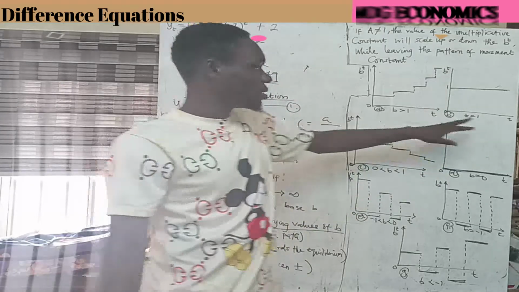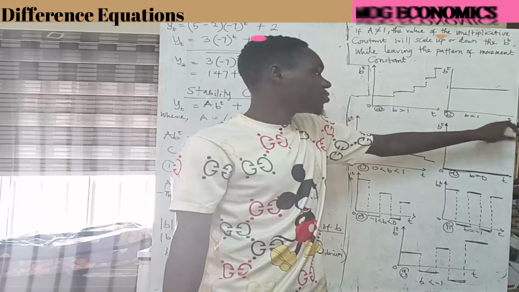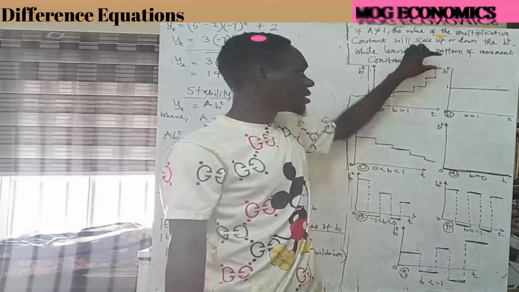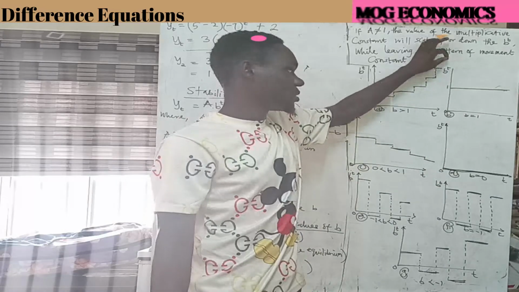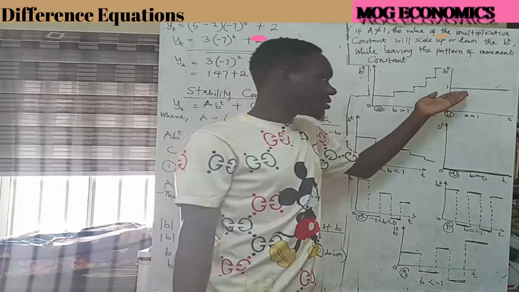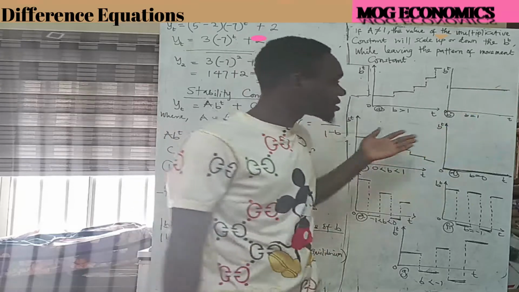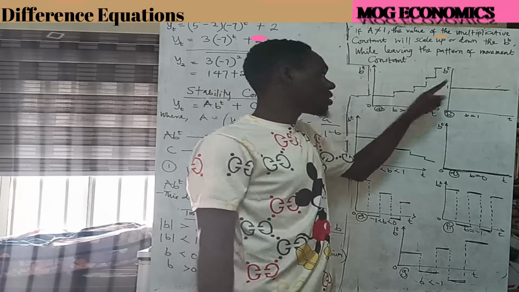Now in this case we have our time period on the horizontal axis, and then this b raised to the power of t on the vertical axis. Since it is constant, it is flat all through, so across time it stays the same at that particular value 1.